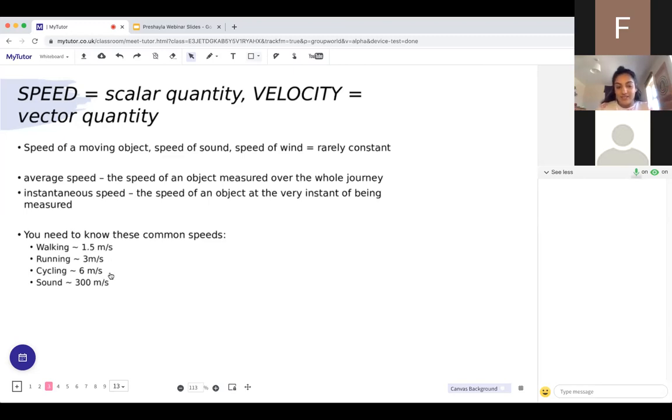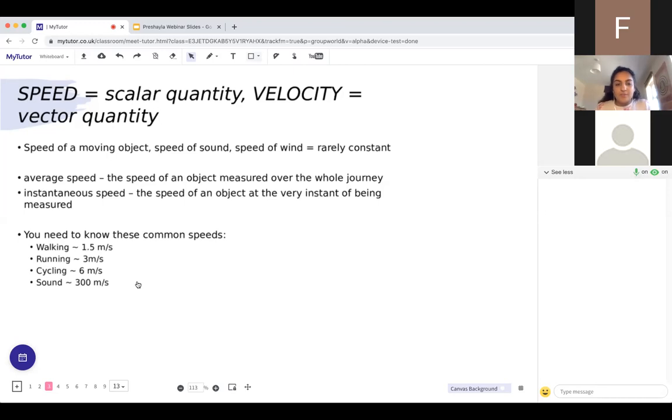Cycling is roughly 6 meters per second, and sound is roughly 300 meters per second. You need to memorize it. Remember that it's not always going to be exactly equal to 1.5 meters per second or those speeds. It's just a rough estimate of the average person.